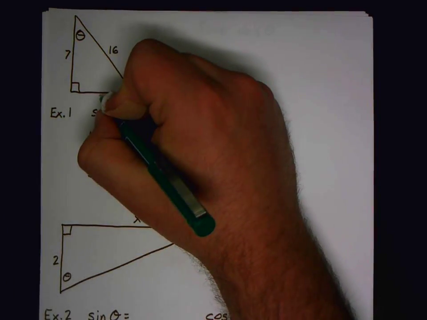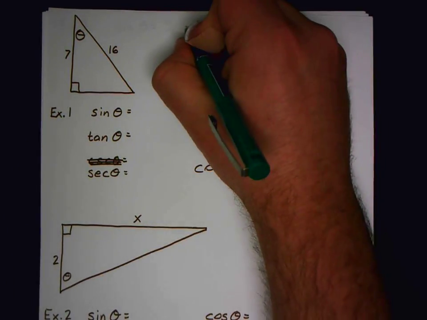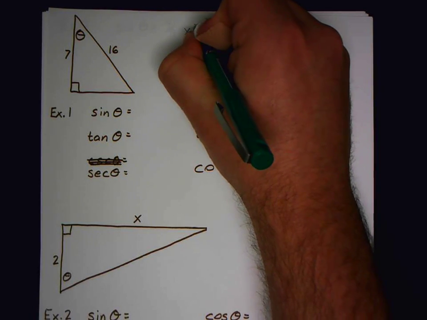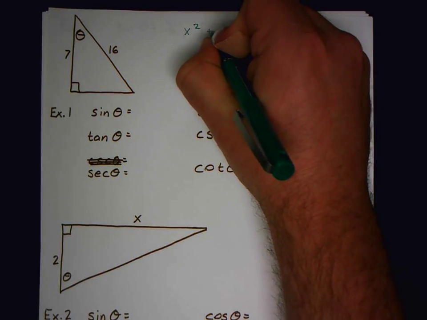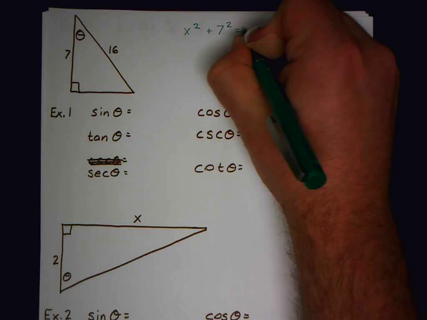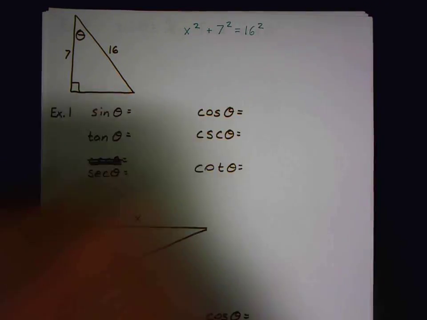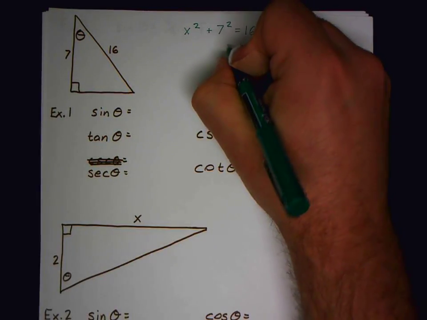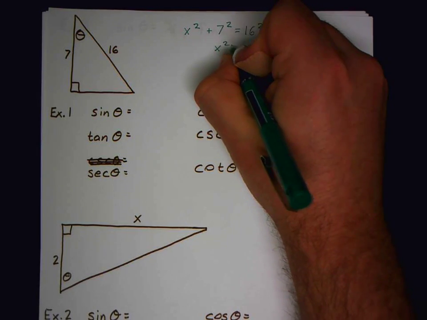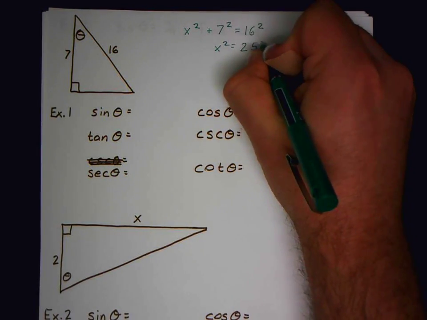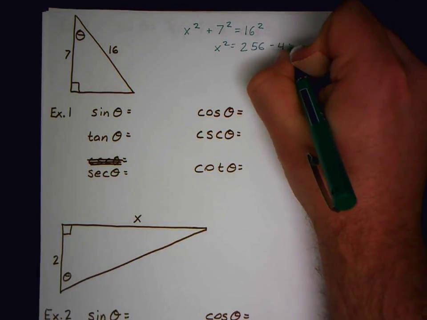So I'm missing my opposite side, so to find it, I'd have x squared equals 256 minus 49.